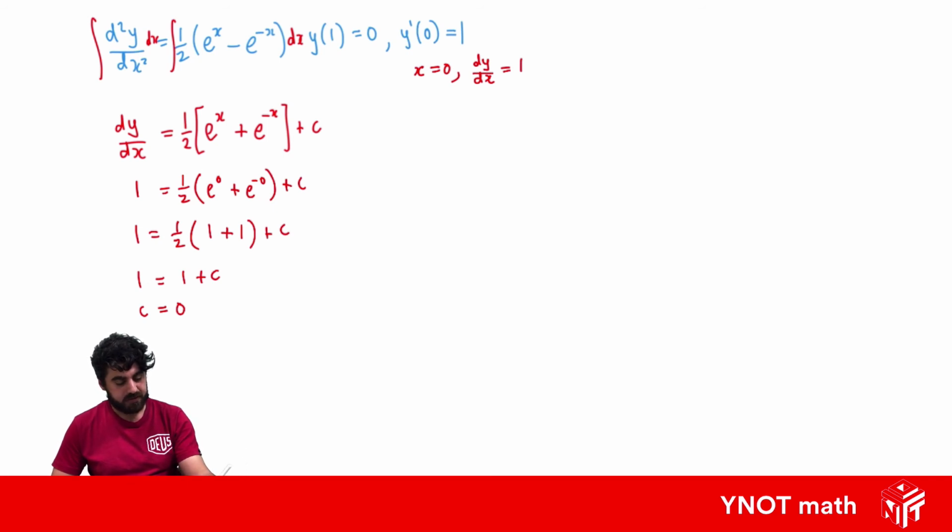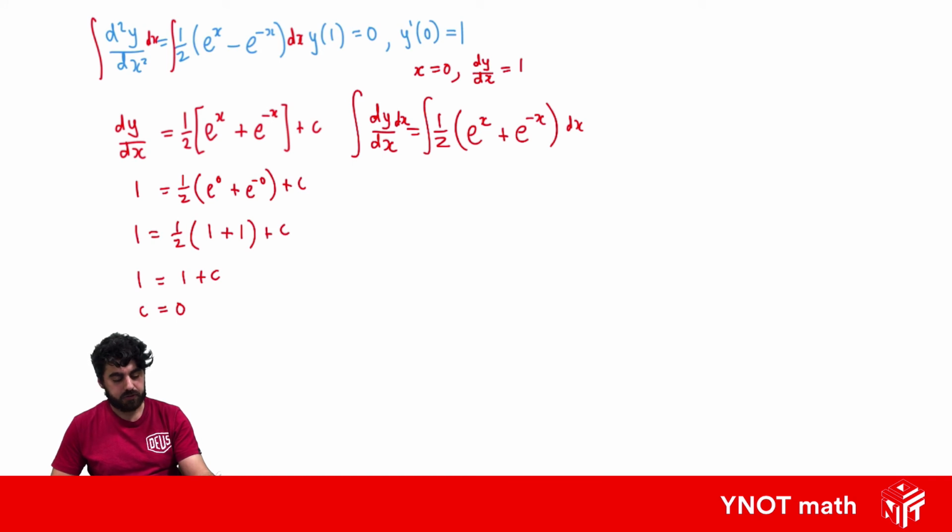So that gives us our final expression for the first derivative, where dy dx equals a half outside of e to the x plus e to the minus x. Now we still haven't solved it because we need to find an expression for y, but we're going to go ahead and integrate both sides again with respect to x.